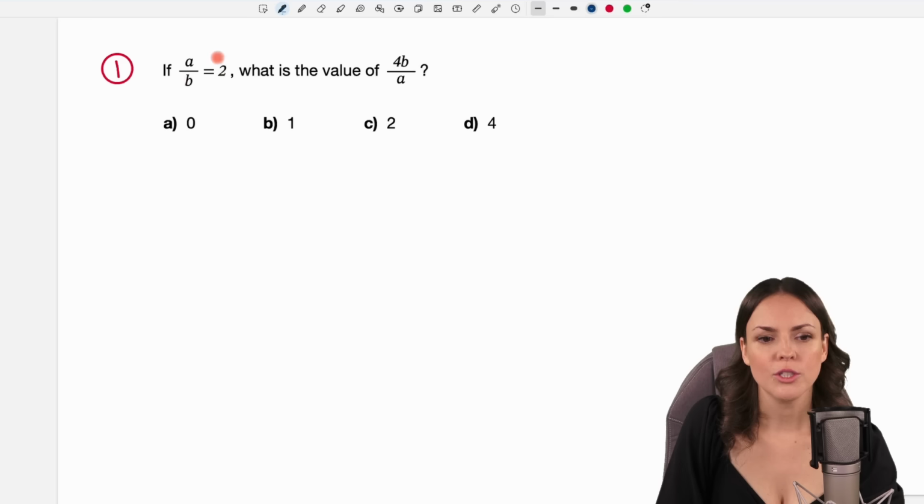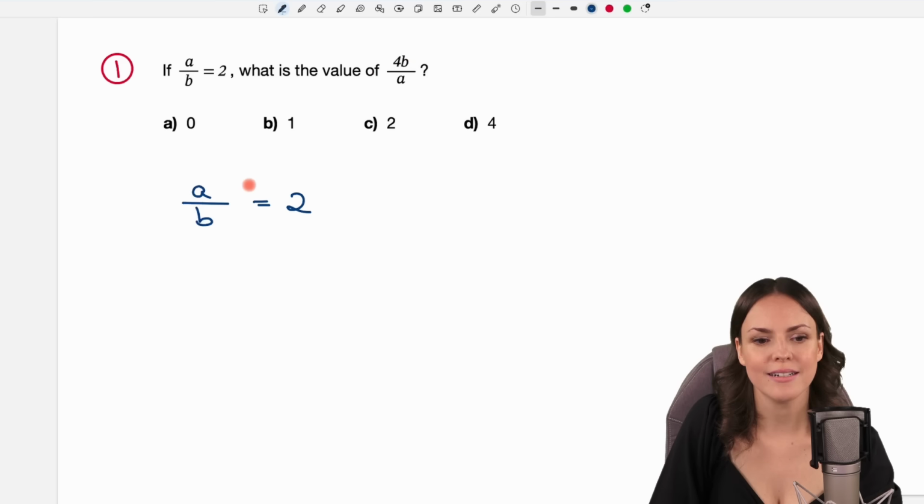So we are allowed to use this, that a over b equals 2, and we want to find the value of this expression here. If we compare these two expressions, we have a in the numerator, here a is in the denominator, and b is here in the denominator, but here in the numerator.